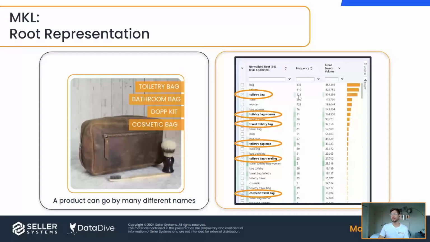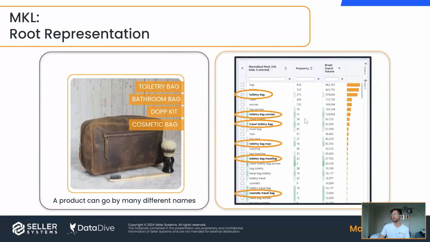So if people are selling a product into a niche and all they have in their listing is toiletry bag, the only keywords that they're indexed for are toiletry bag, but they're missing out on all of these other keyword roots. There's going to be potential to go and sell a product in that niche and outrank those competitors and do really well.